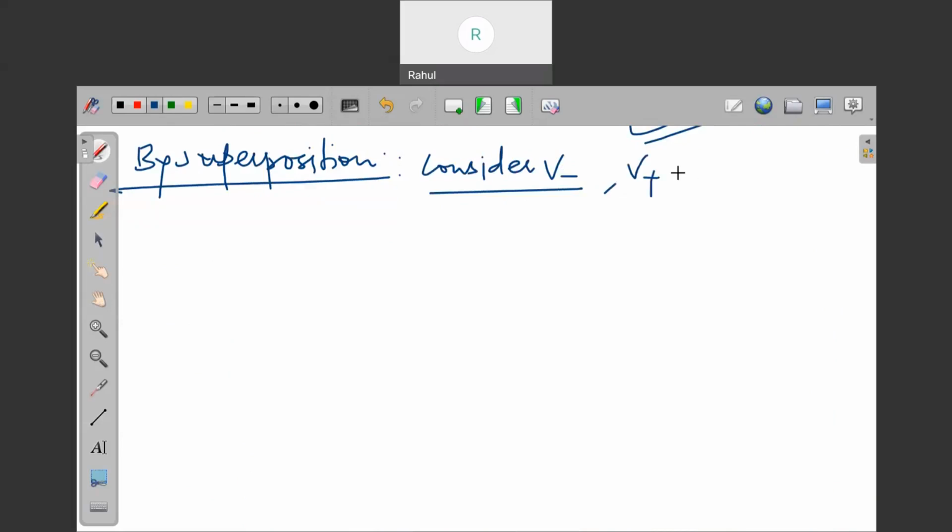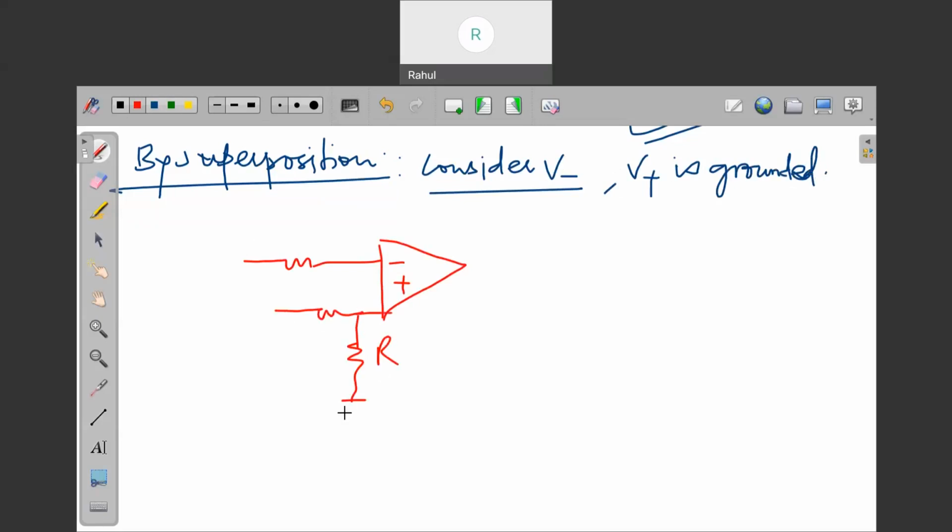So your circuit becomes like this: minus, plus, this R will not come into the picture now, but this is grounded.